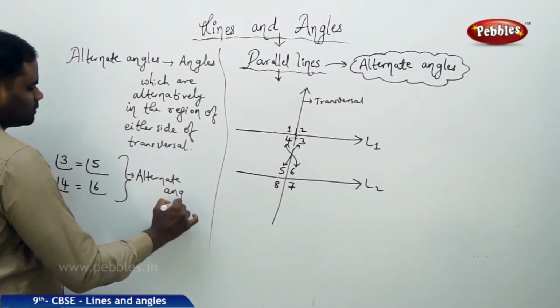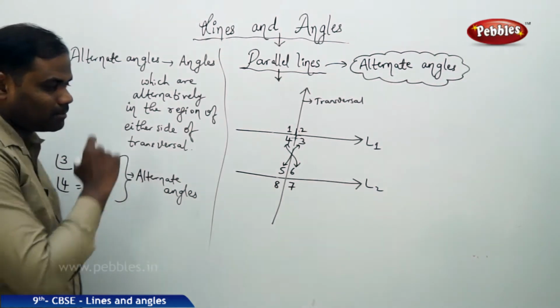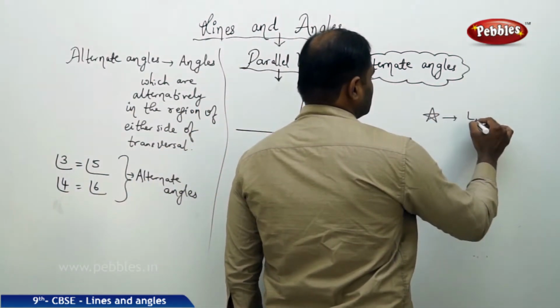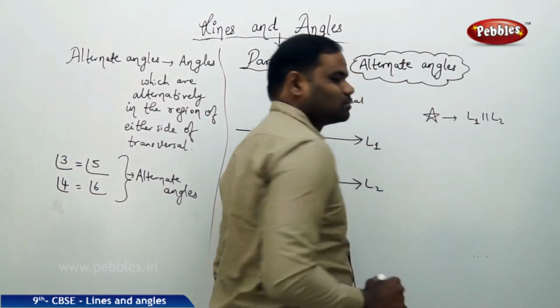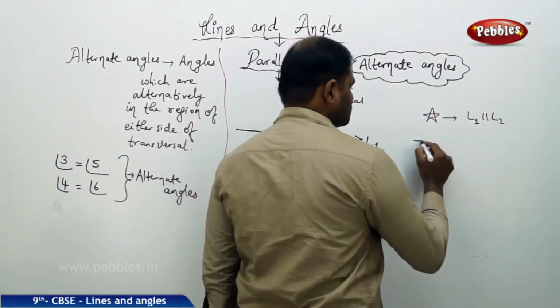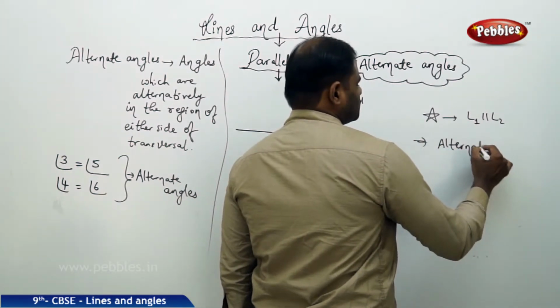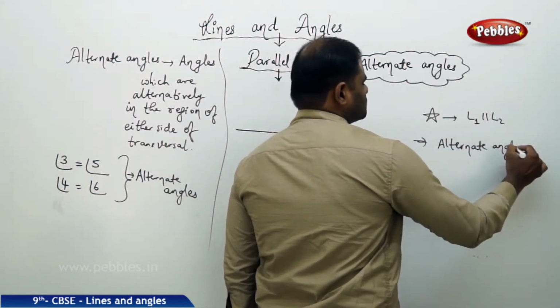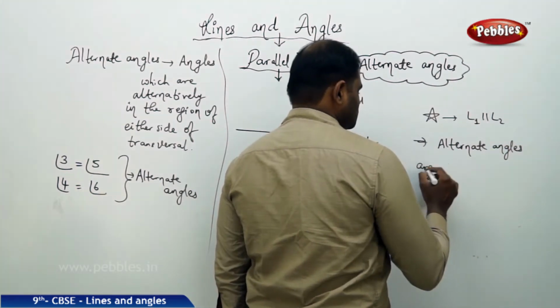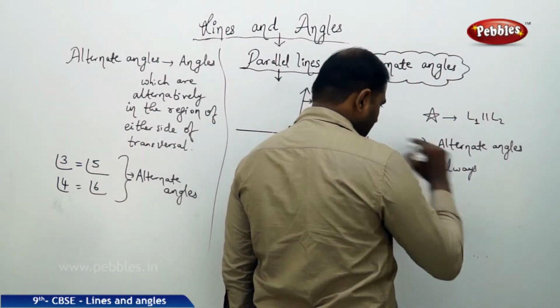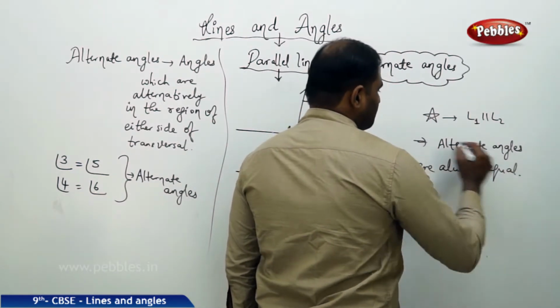Mathematically, we have the property which says L1 parallel to L2 implies alternate angles are always equal.